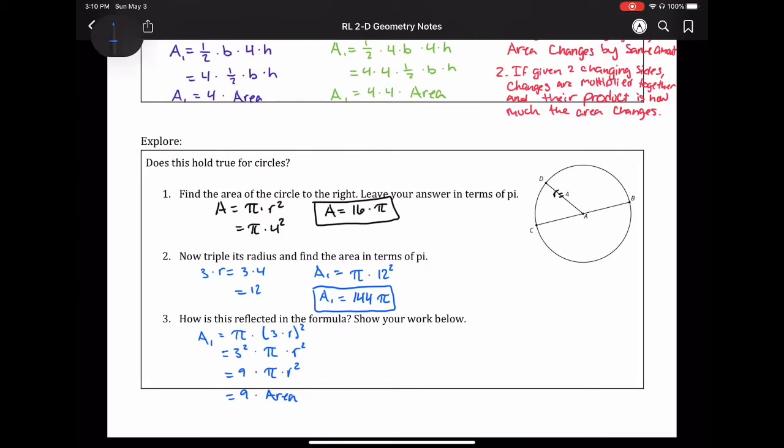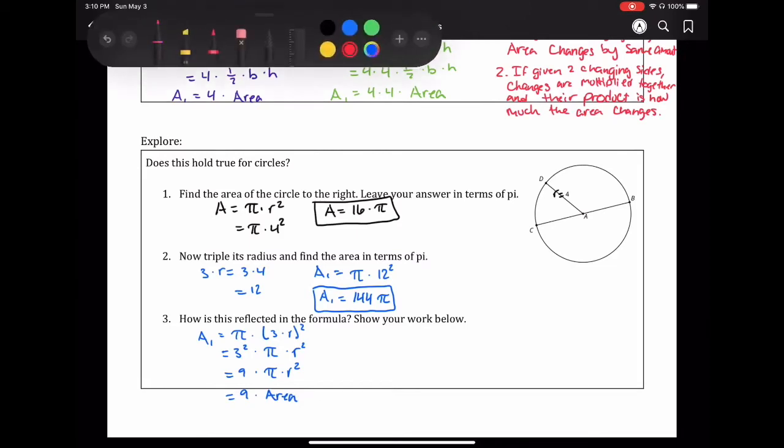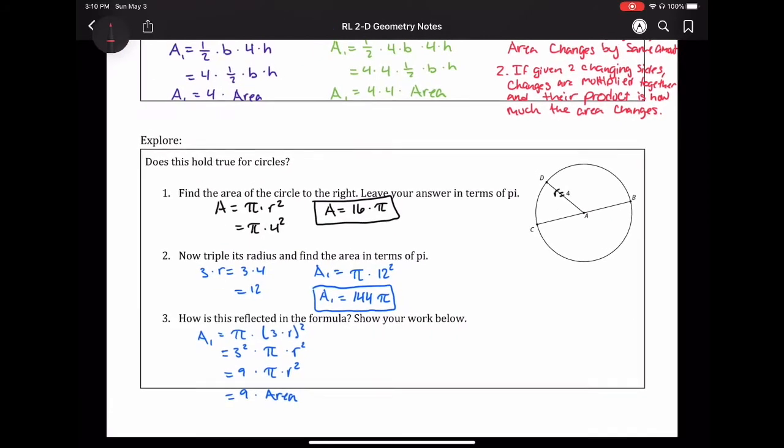So what's happening here in general is if the radius is changing, you're multiplying it by something, you have to square the change because the radius is squared.